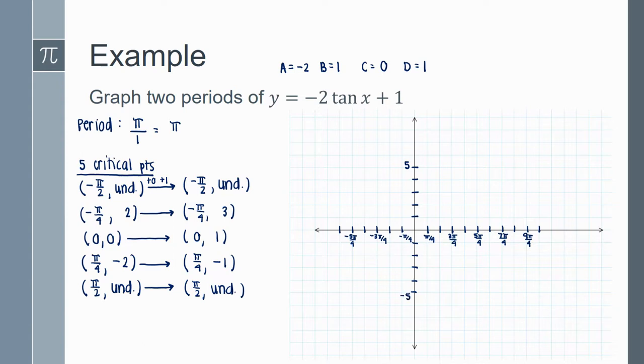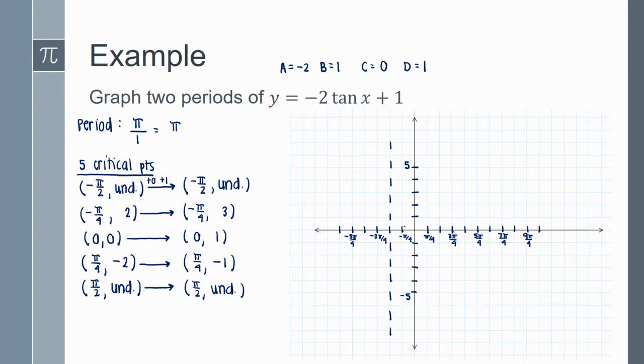Okay, so now that I can clearly see what is labeled for every single axis, I can start plotting my points. So remember, I was going up and down by pi/4, but if you simplify, -2 pi/4 is -pi/2. So that second tick mark on the left is going to be my first vertical asymptote.